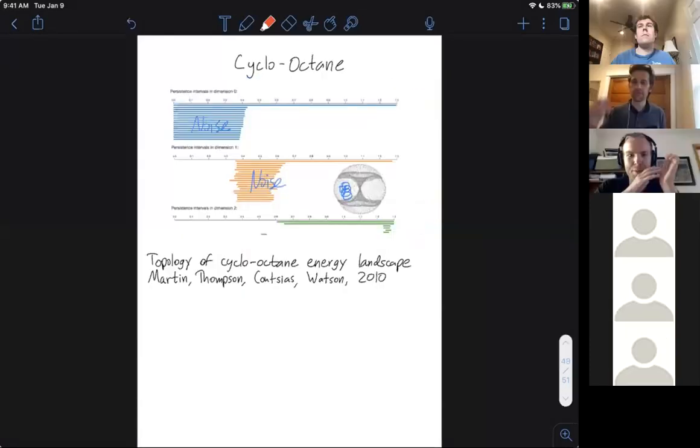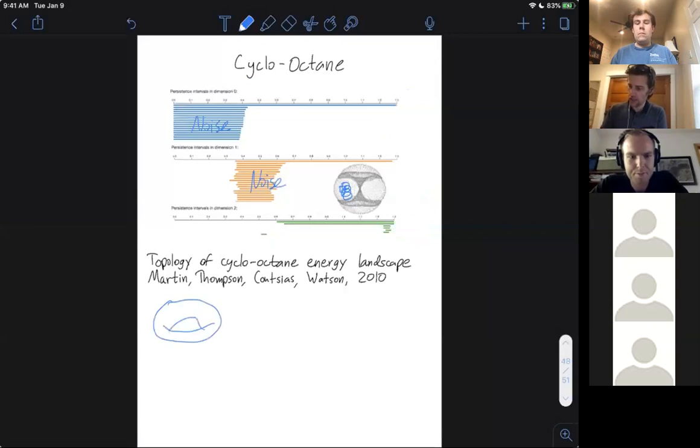Yeah, that's right. So this is a good example. Let me delve into this a little bit. A known shape like this torus has known homology, but it's not the only shape with those known homologies.